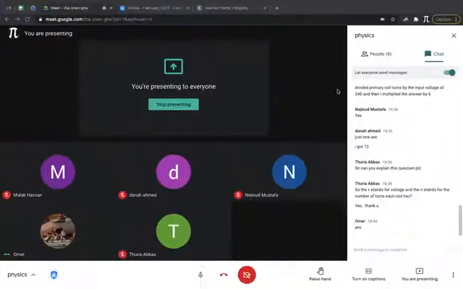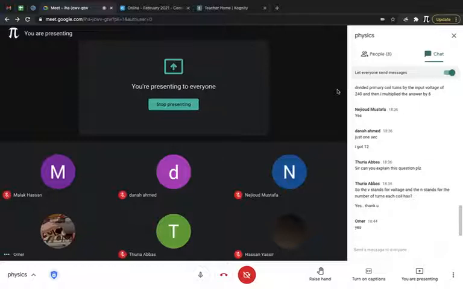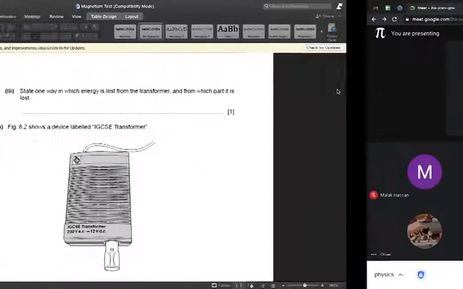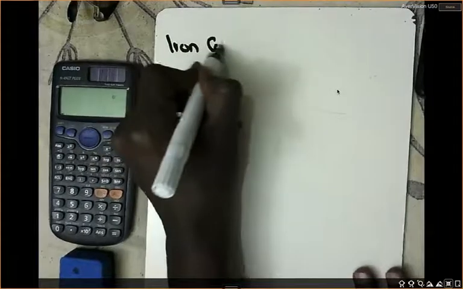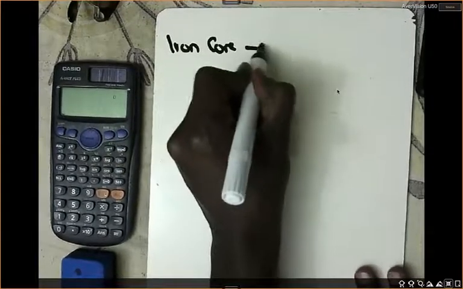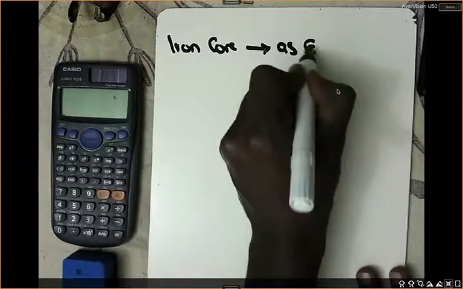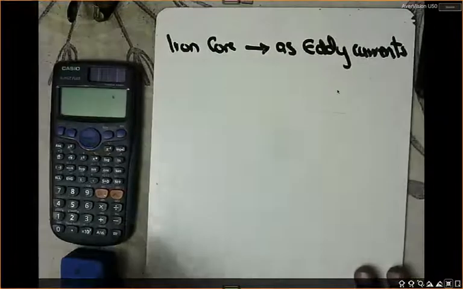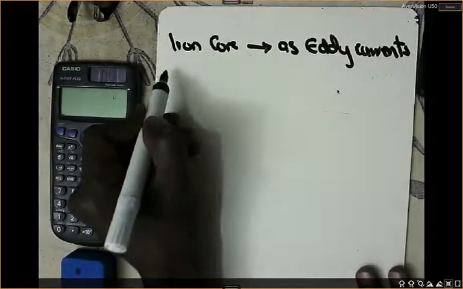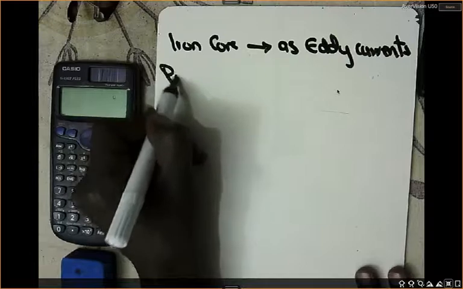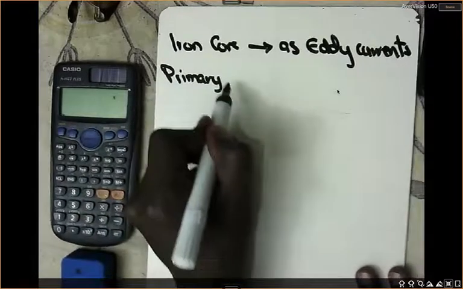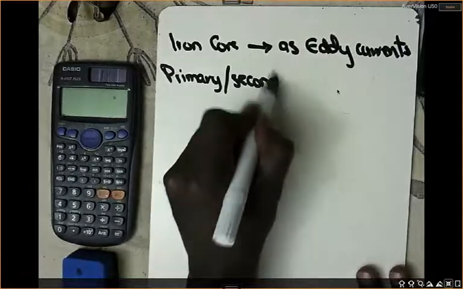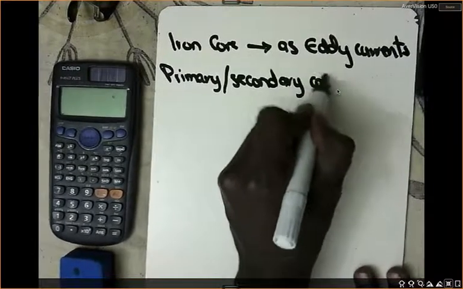Now there is no definite answer for this question. You can say energy is lost in the iron core, as eddy currents. Or you can say energy is lost in the primary and secondary coils.